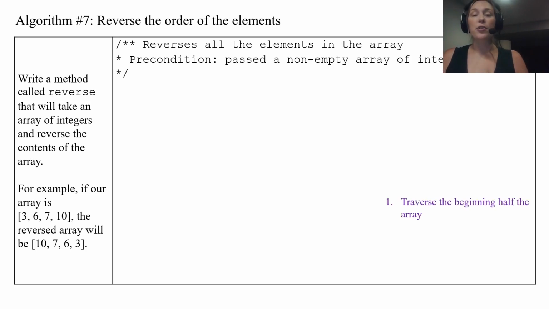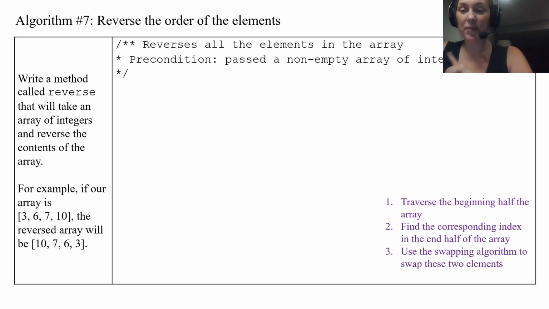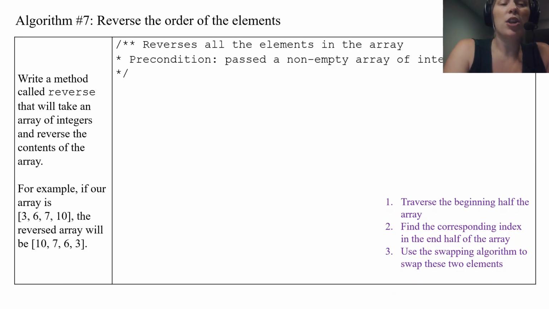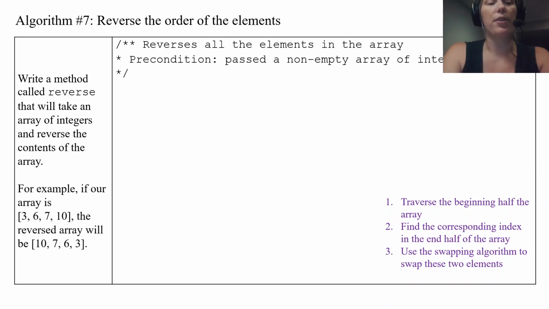What are the steps? First, we want to traverse the beginning half of the array. Find the corresponding index in the end half of the array and use the swapping algorithm to swap the two elements. Okay, what does that mean, Mrs. Goldschmidt? Okay, so let me take you through the example first before I show you the code for this, okay?